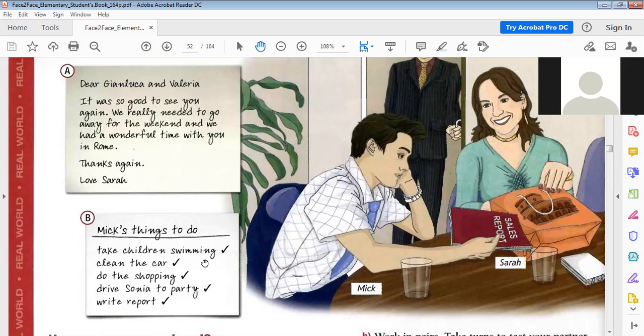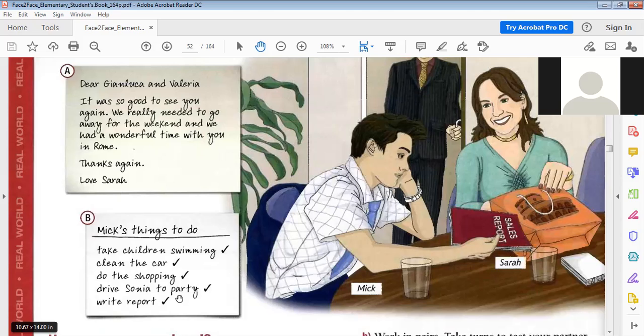Take children swimming, clean the car, do the shopping, drive Sonia to party, write report.